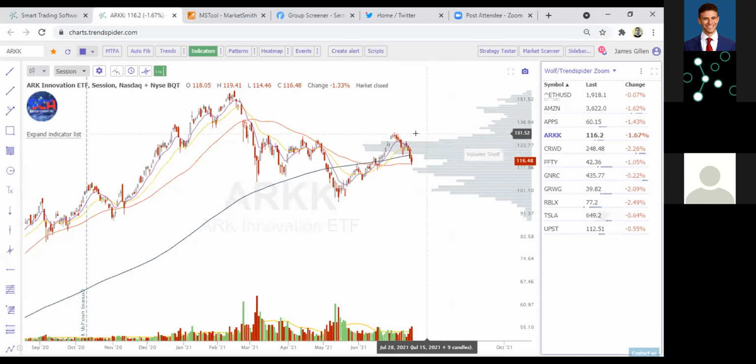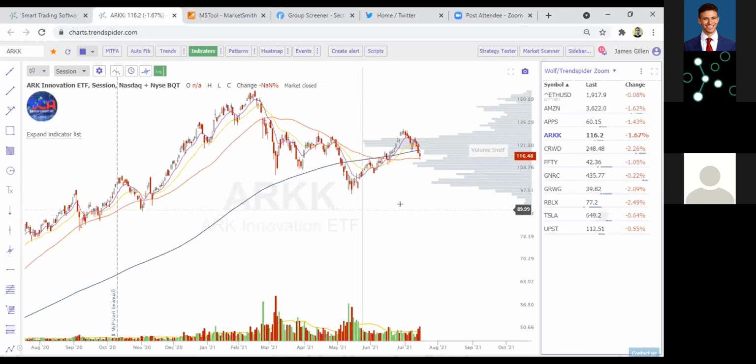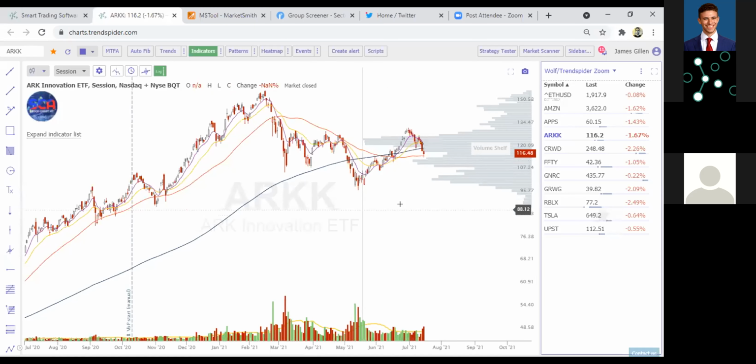We cracked through the 200. We cracked through this volume shelf. The 50 simple moving average is holding price for now, but that's not exactly the strength that I want to see when I'm looking to add on to exposure.